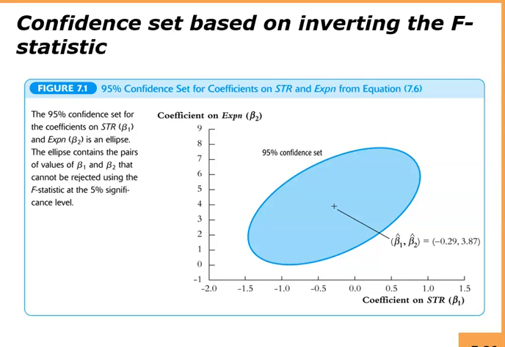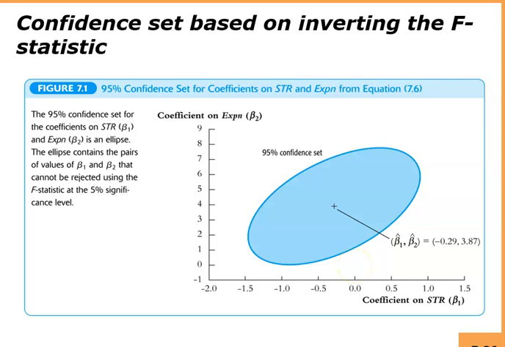So beta 1 hat and beta 2 hat that we calculate are right at the center of this confidence set, and they are equal to minus 0.29 and 3.87. So let's suppose we are testing the joint hypothesis that beta 1 and beta 2 are equal to 0, we will basically look at this point over here, and this point is outside the confidence set.